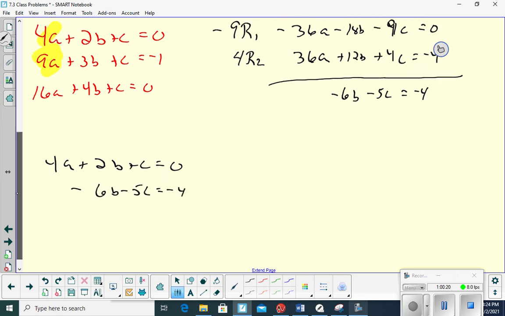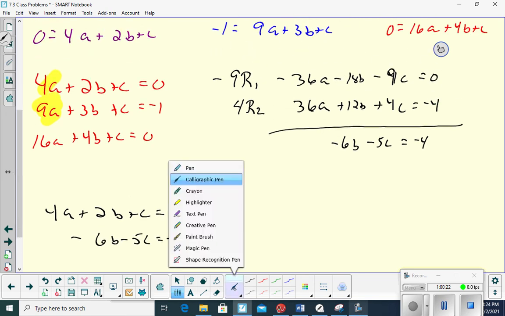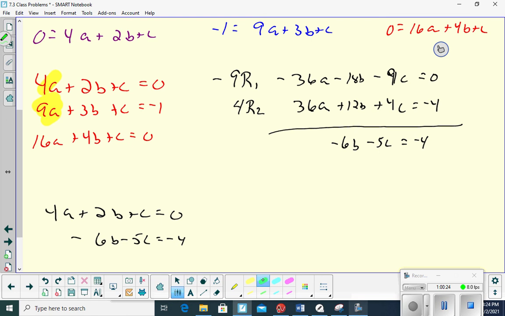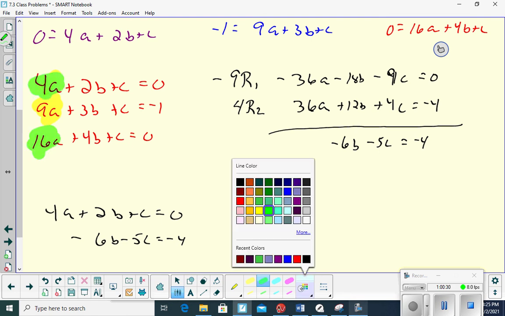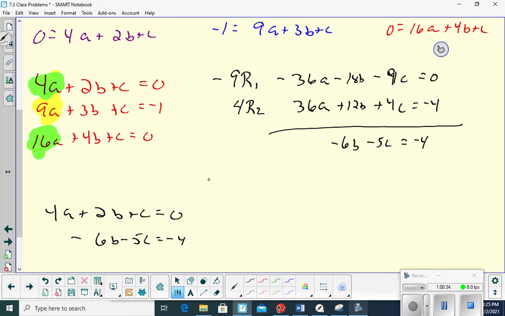Now I'm going to do row 1 and row 3 to eliminate the a. So I'm going to multiply row 1 by a negative 4. Yeah, negative 4 times row 1. So that'll be negative 16a minus 8b minus 4c.